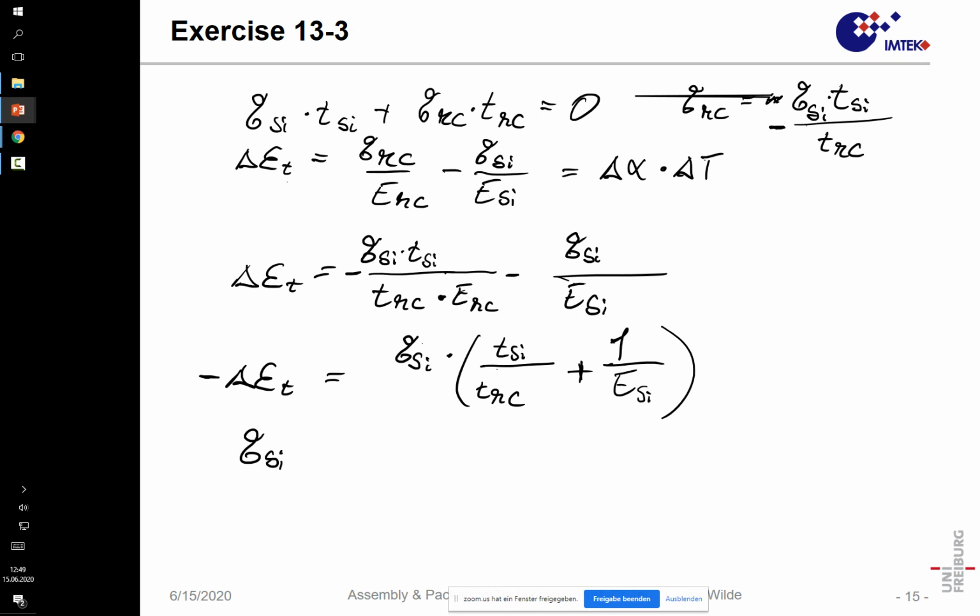That minus is okay. Okay, you put the minus on the answer. Yeah, I did. Okay, sigma silicon is minus delta alpha delta T divided by, here, that is more important.